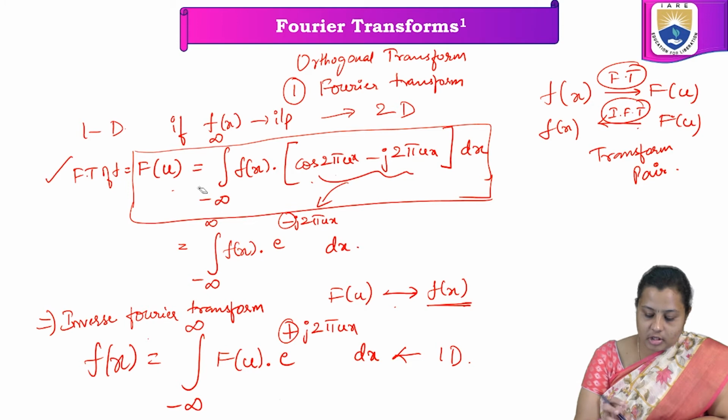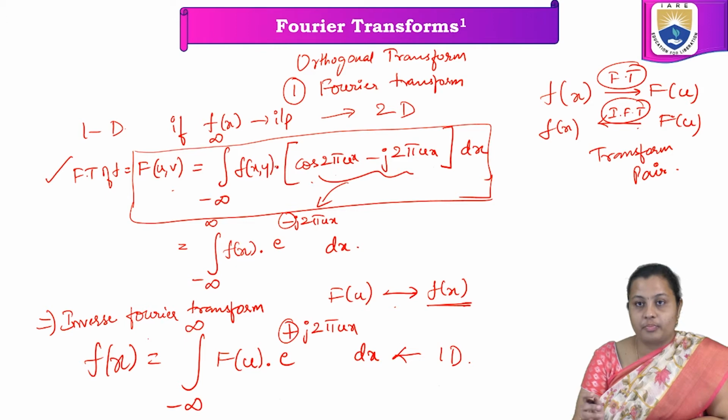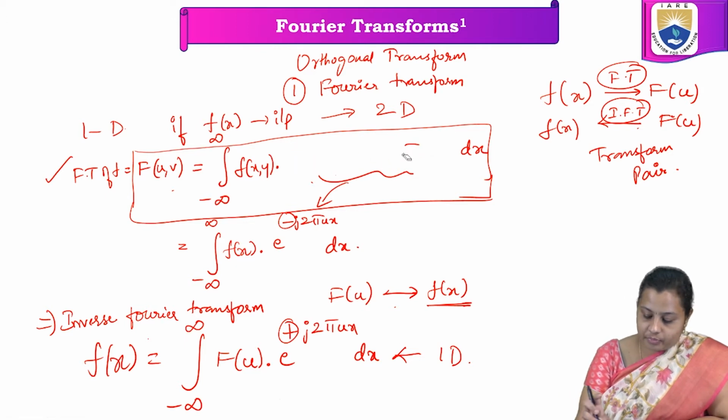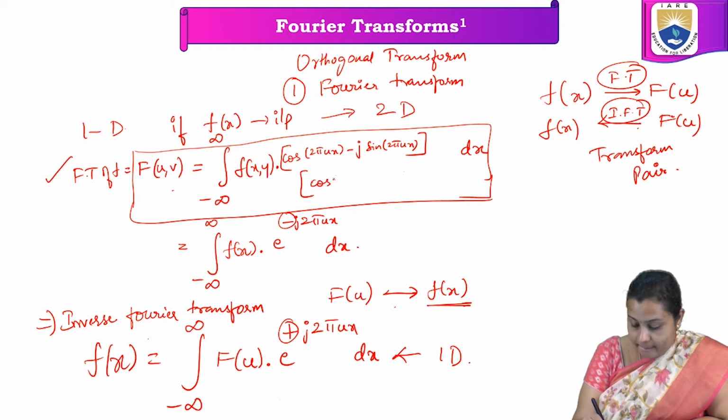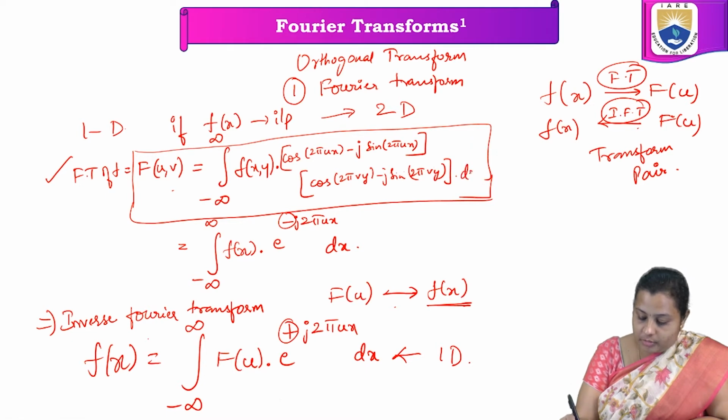I will slightly modify this equation: F of u comma v is equal to f of x comma y into cos of 2 pi ux minus j sin of 2 pi ux, into cos of 2 pi vy minus j sin 2 pi vy.